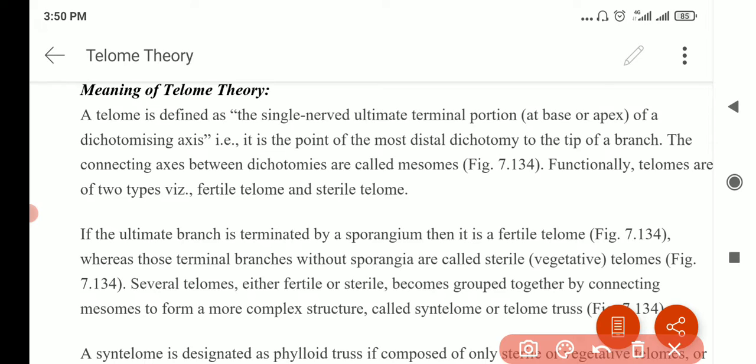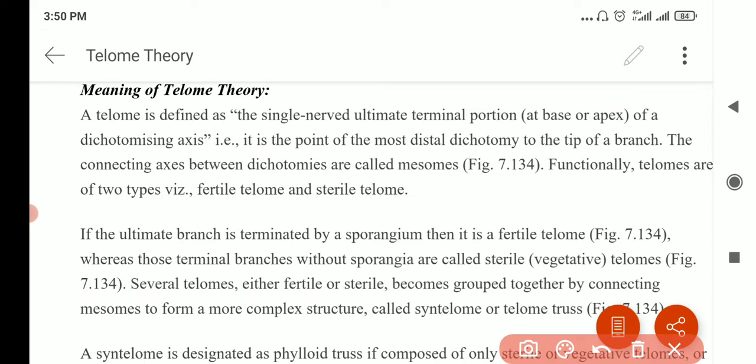First of all, we're talking about the veins, okay? So the leaf veins, so the single nerved, then till the tip, which dichotomizes in two directions, okay? That is the point of the most distal dichotomy to the tip of a branch, okay? Means at the tip most, where from this tip they will separate into two directions, okay?